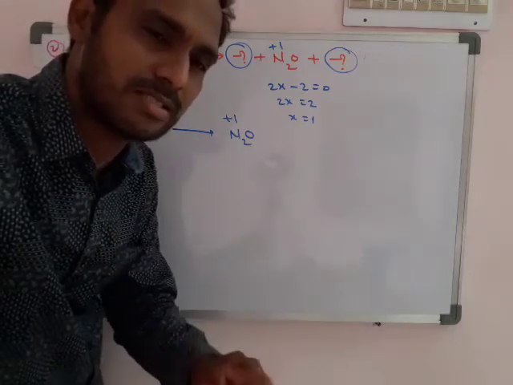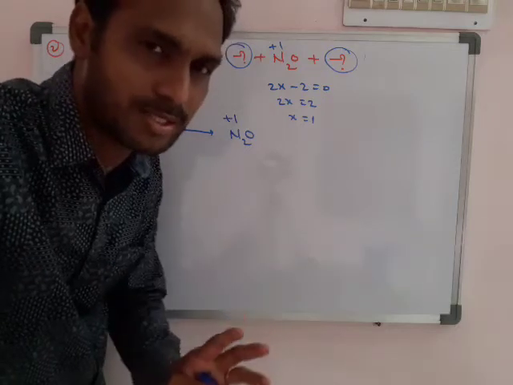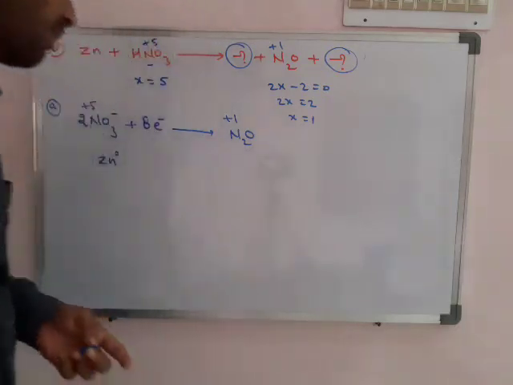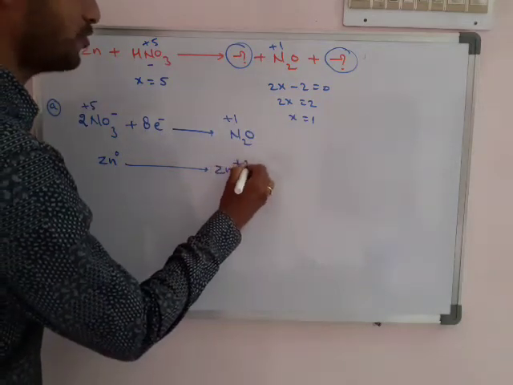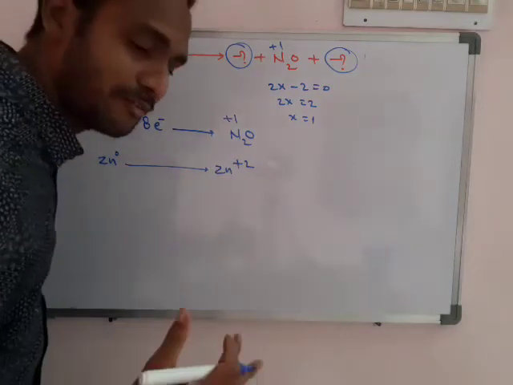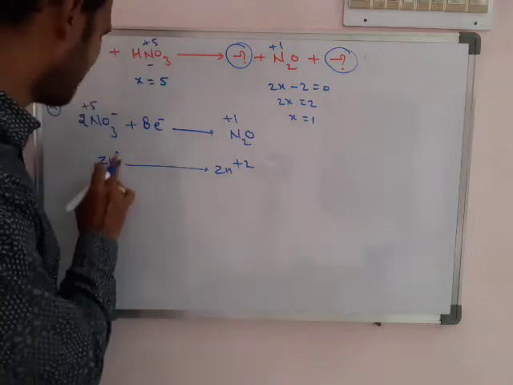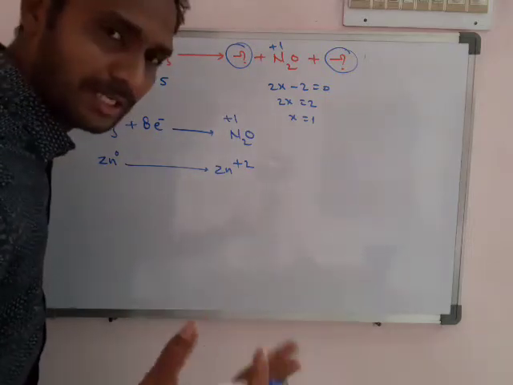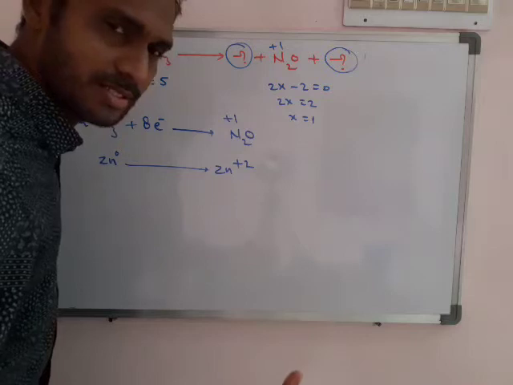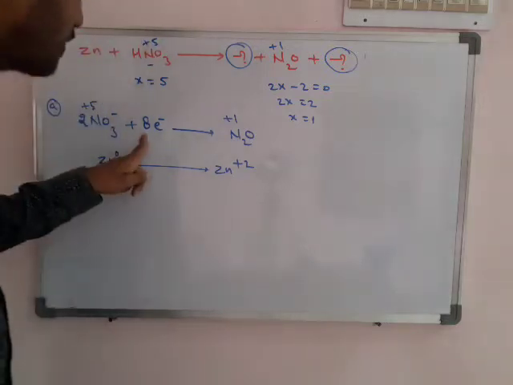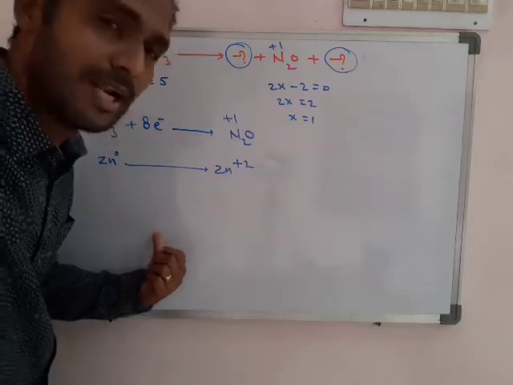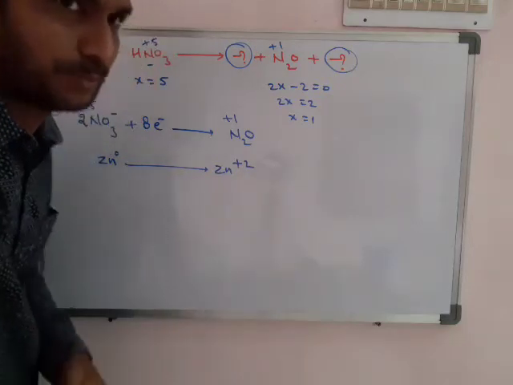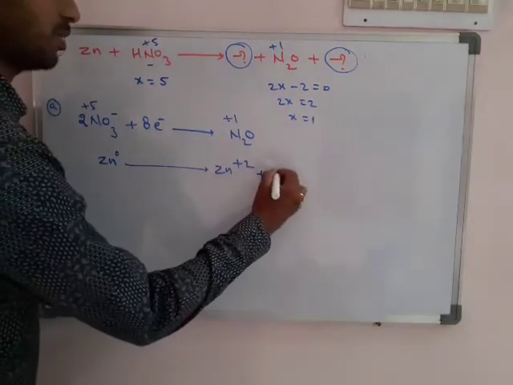Zinc always shows plus 2 oxidation number. Okay, so zinc compulsorily becomes Zn plus 2. How did you get this? You just have to guess it, because zinc is 0, it is a zinc metal, so there is no choice to be reduced, so the choice is to be oxidized. Also, this one has already been reduced, so this one compulsorily becomes oxidation. So for zinc oxidation, the only choice is Zn plus 2, by losing 2 electrons.